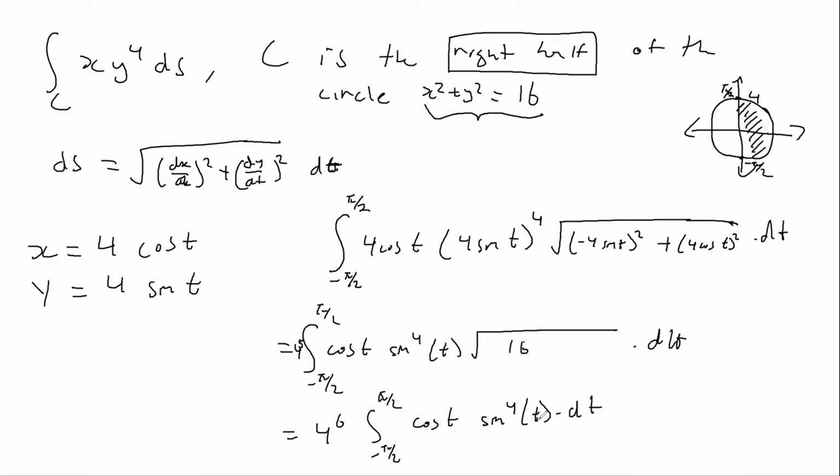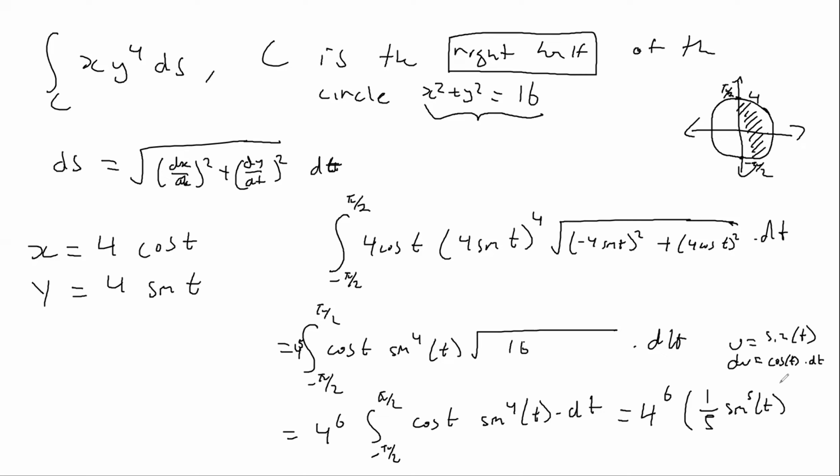And this is just a simple u-sub. If I did the integral, that will give me 4 to the power of 6 times 1/5 sine to the power of 5 t, since I'm going to set u as sine t, while du is equal to cosine t dt.